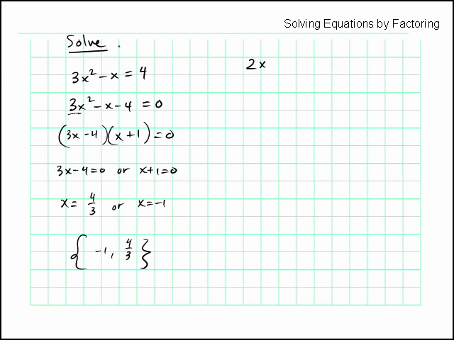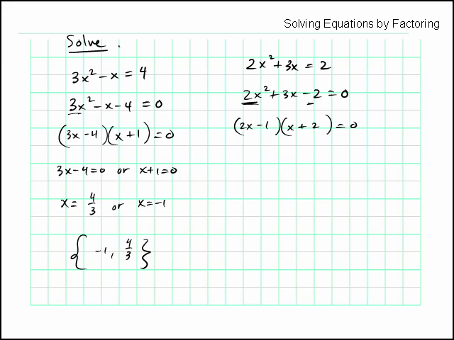Here's another one. 2x squared plus 3x equals 2. Once again, I have to move the 2 over to set the equation equal to 0. Then I factor the left side. 2x squared is going to be a 2x times an x. And factors of -2 that are going to give me the correct middle term are going to be -1 and +2.